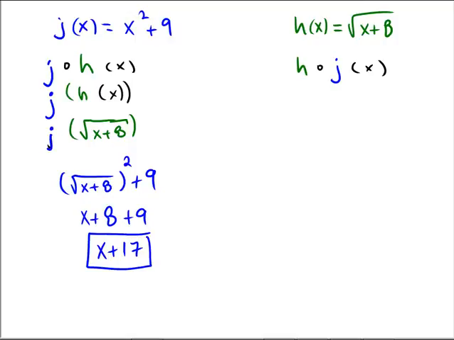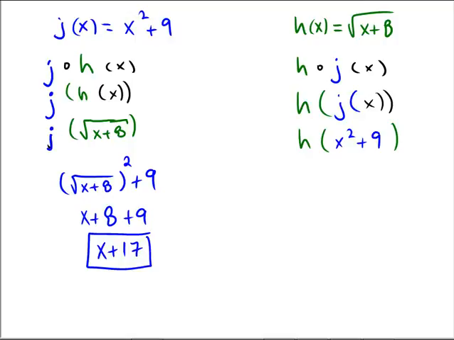However, on the right-hand side, we would have h of j of x, which would be h of, now j of x means that that's going to be this x squared plus 9 quantity from over here, so that's x squared plus 9.